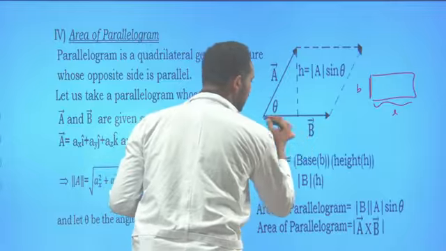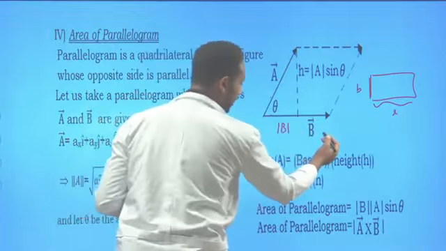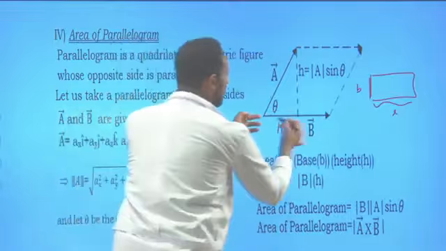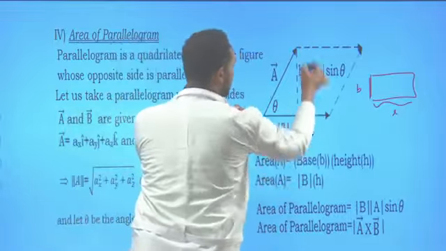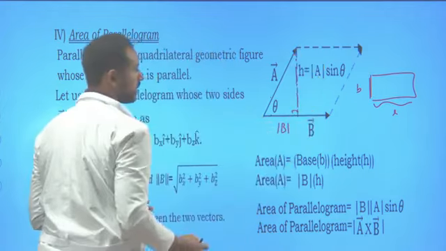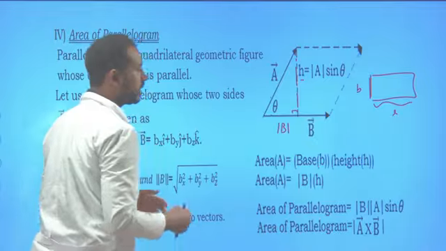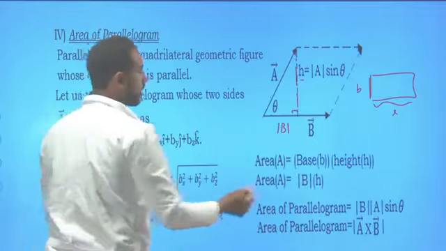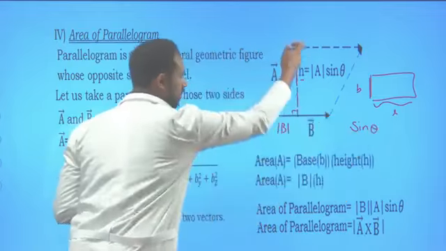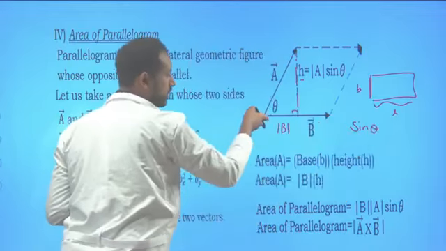One of the sides is given by vector B, the magnitude of vector B, times the height. This is the height; you drop it perpendicularly. The height can be determined using trigonometric rules: sine theta is opposite over hypotenuse.